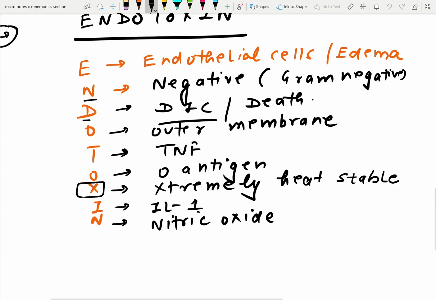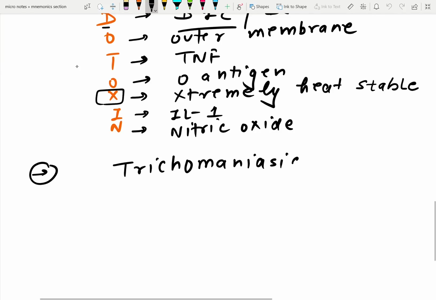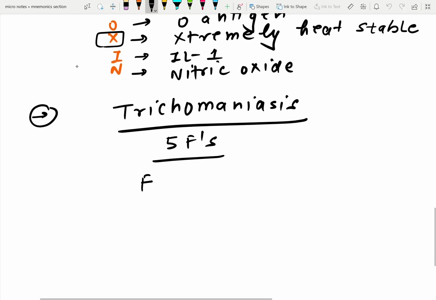Other than that, if you want to remember more of them, then you remember something about trichomoniasis. Trichomonas vaginalis. Okay, in this you remember the 5 F's. And what are those 5 F's? It is flagellated.